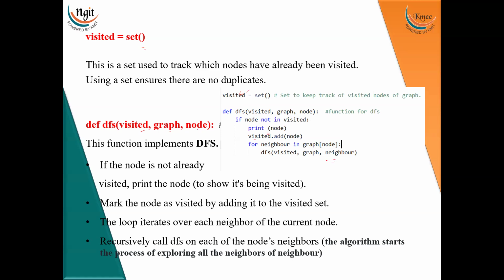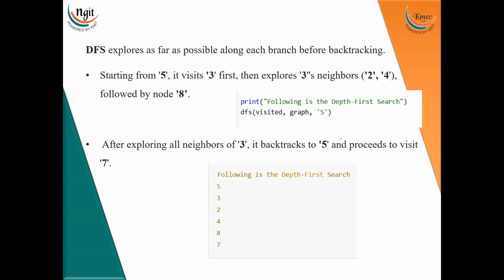Each of these neighbors also calls recursively. So the algorithm explores all the neighbors of a particular neighbor, and this DFS explores as far as possible along each branch before backtracking. Before backtracking, at one depth it is going to explore all the nodes.